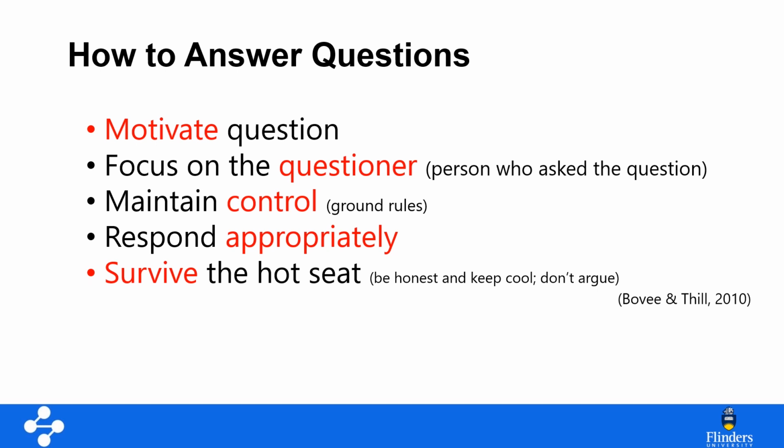You may want to focus on the questioner, or the person who asks you the question, when you answer a particular question. That gives the questioner the feeling that whatever he or she has asked is being answered by you. You need to maintain control when you answer questions.